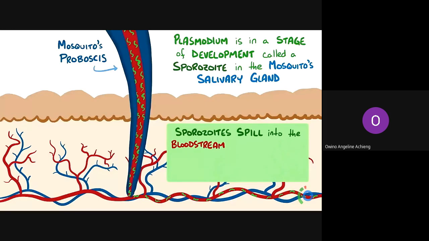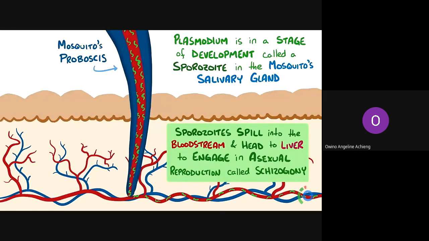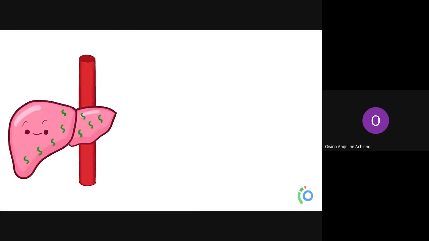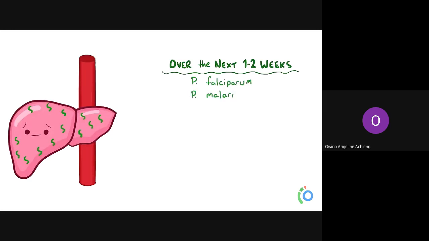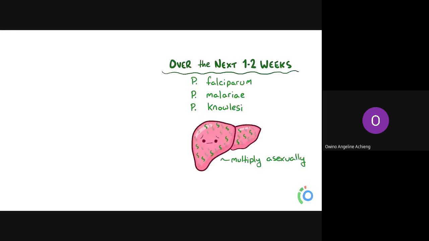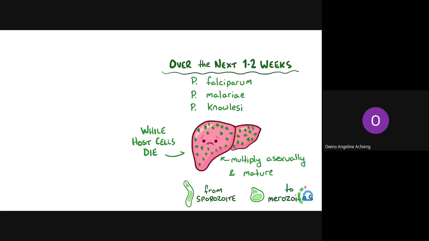Within minutes, the sporozoites reach the liver and mount an attack on the hepatic parenchymal cells, where they start asexual reproduction, also known as schizogony. At this point, the Plasmodium species vary a bit. Over the next 1 to 2 weeks, Plasmodium falciparum, Plasmodium malariae, and Plasmodium knowlesi sporozoites multiply asexually and mature into merozoites, while host hepatic parenchymal cells die.